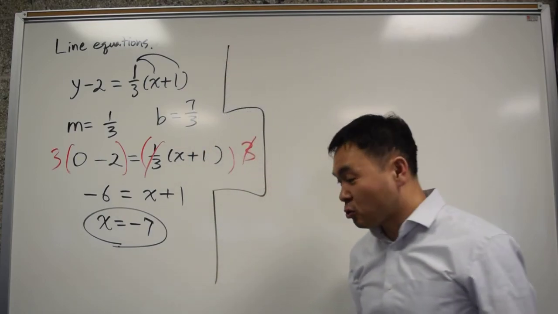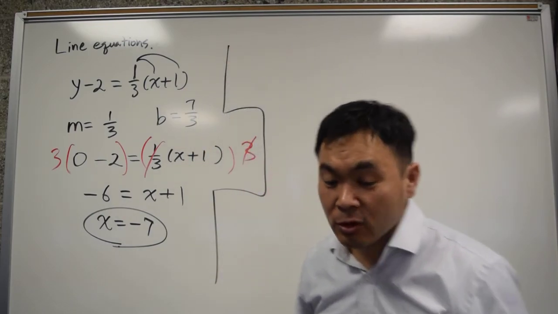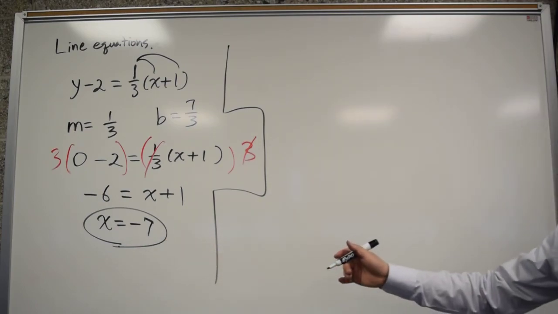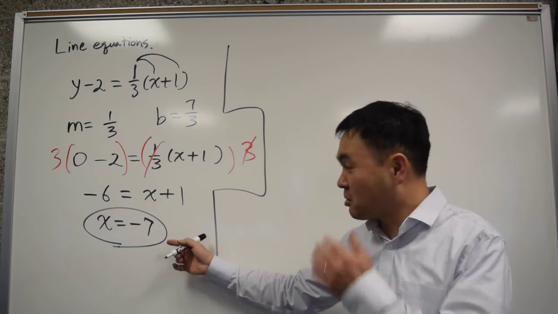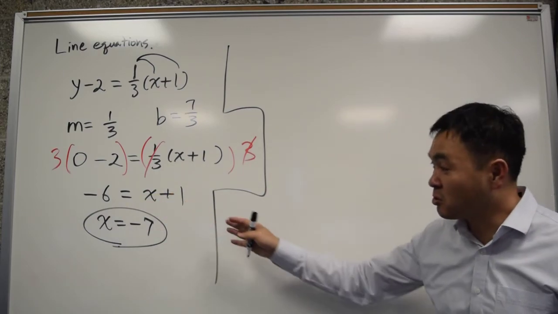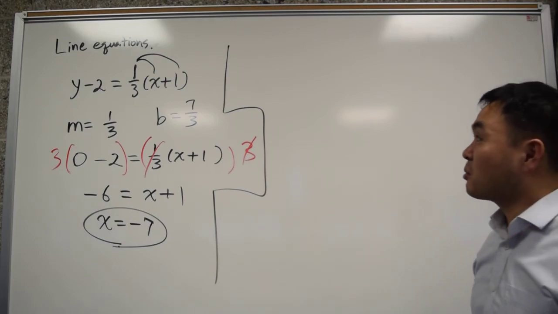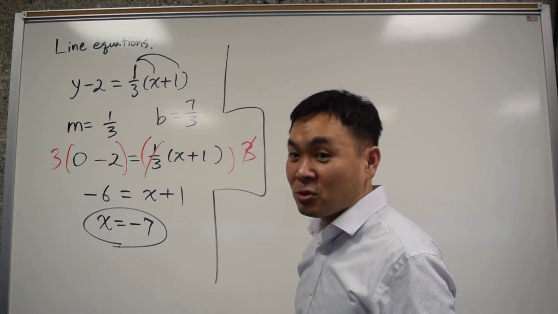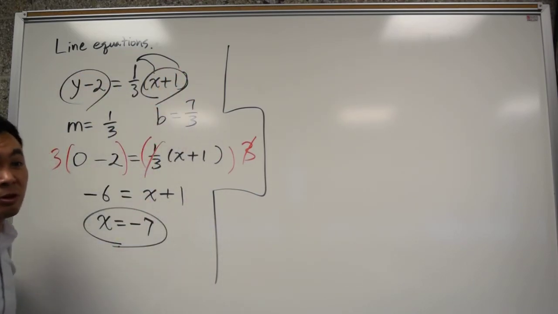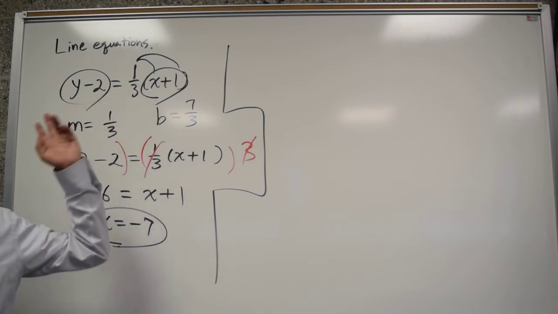Now, to actually draw the graph, you could make use of the x-intercept, because that's (-7, 0). But you know this is also too far left. You might want to use something that's closer. So another good method is to use that trick. Set this equal to 0, set that equal to 0. That gives you a point where this graph passes through, right?